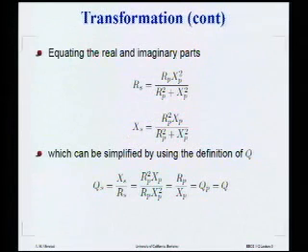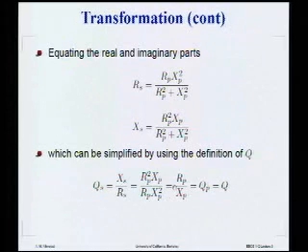Now what's interesting is if I take the ratio of Xs over Rs, for a series element, that's how we define its quality factor. It's the reactance over the resistance. If I plug into this expression, there's a common denominator, so they cancel out, and what I get is Rp squared Xp divided by Rp Xp squared.